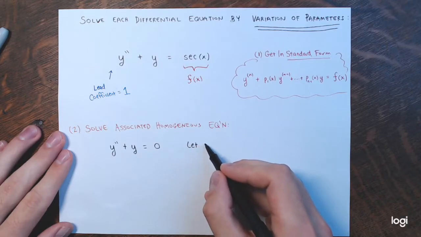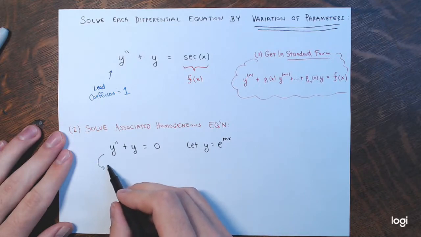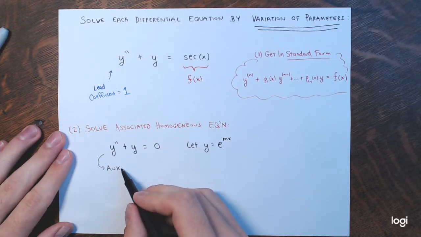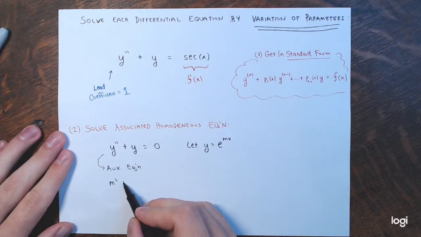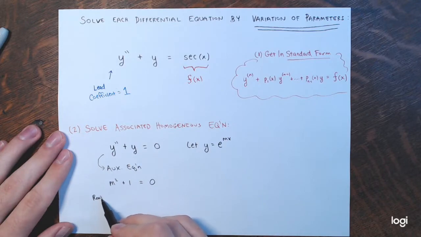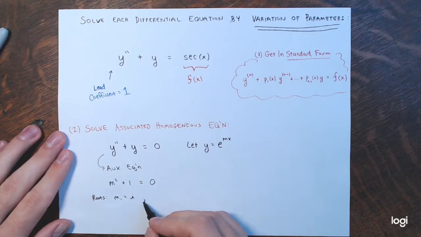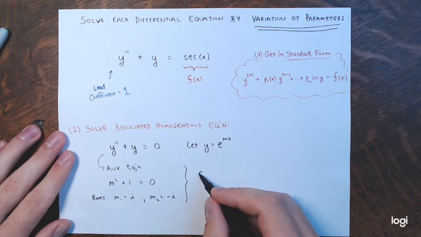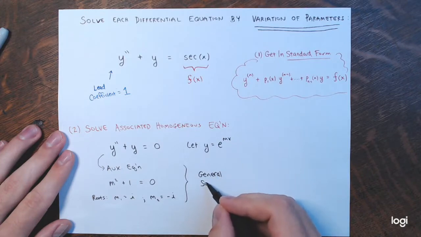If I let y equal e to the mx power, we get the auxiliary equation, or the characteristic equation, m squared plus 1 equals 0, and the roots of this equation, one of them is i, right, the square root of negative 1, and the other one is negative i. And from all this, you could state the fundamental set of solutions, but I'm just going to go to the general solution right away.